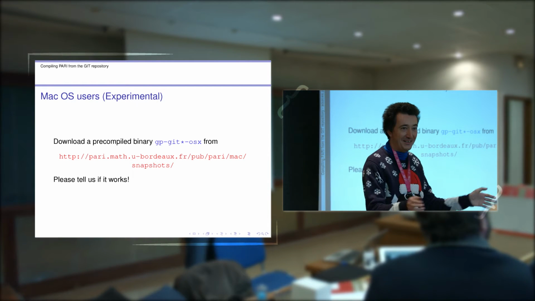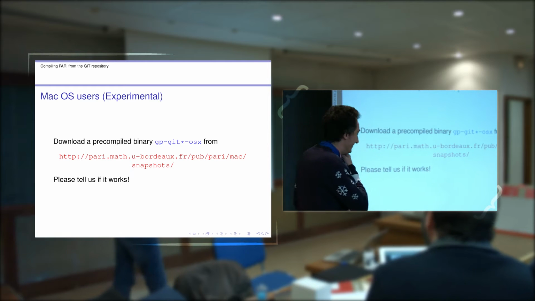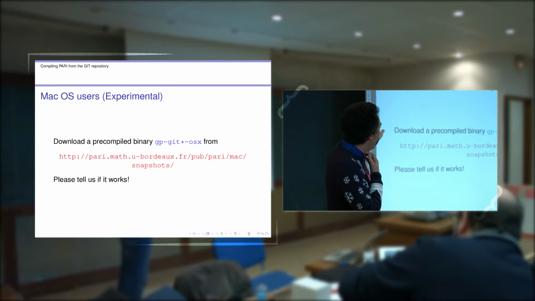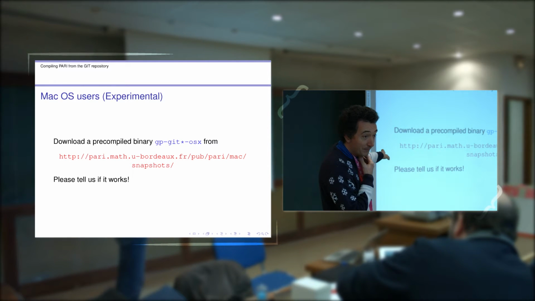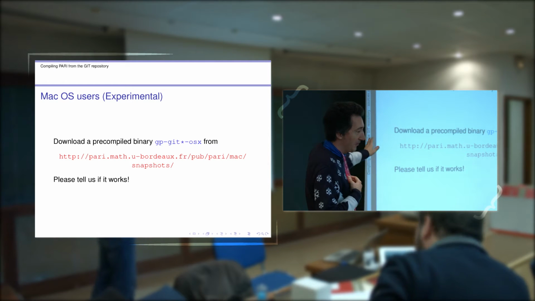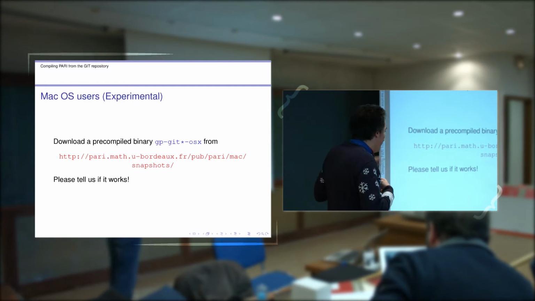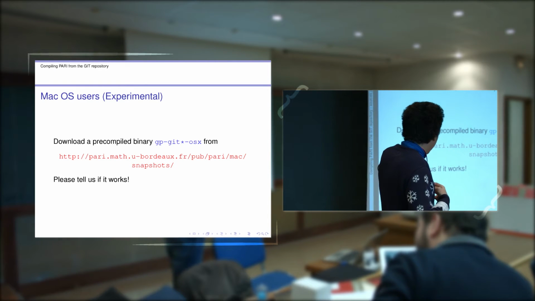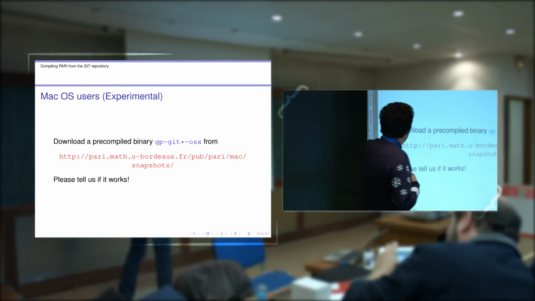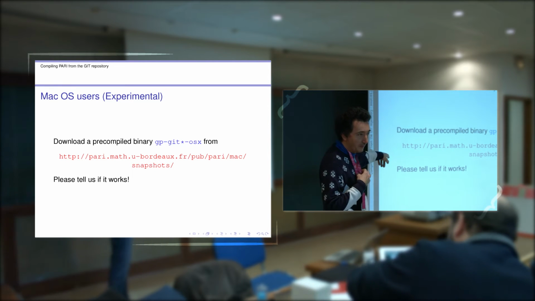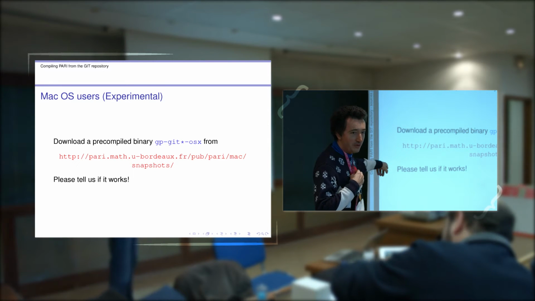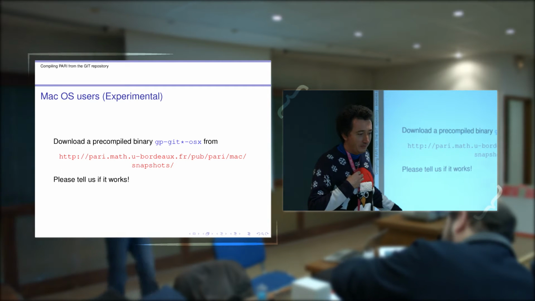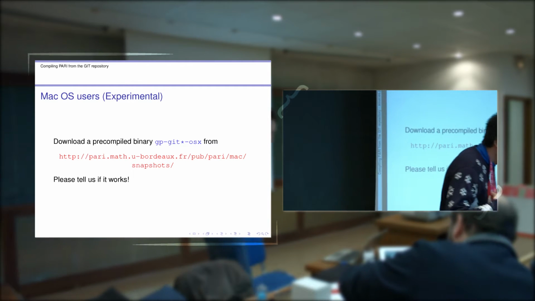If it's any other machine, they crash. So if you have Mac OS, you can try them and tell me if it works, and if it doesn't, you can tell me. Also, currently they are not built with GMP support, because since it didn't work with GMP, we tried to remove it to see if it works better. It doesn't work better.